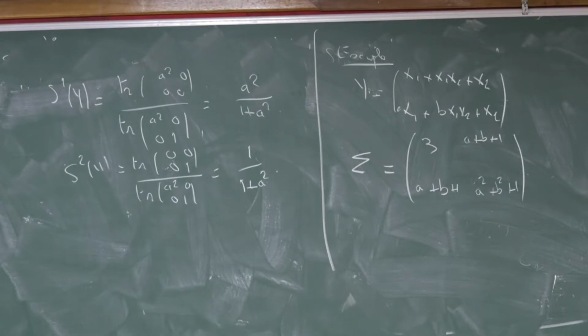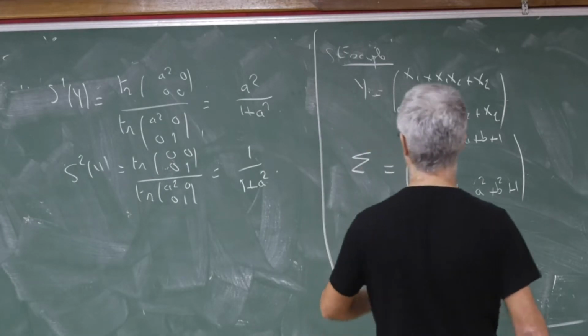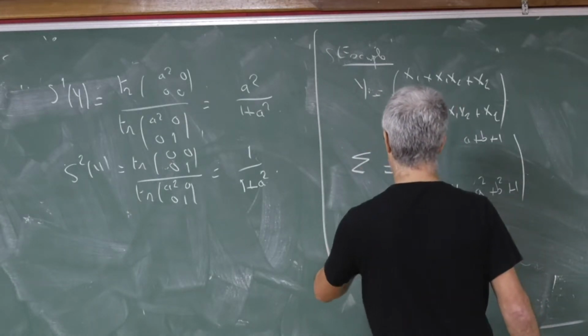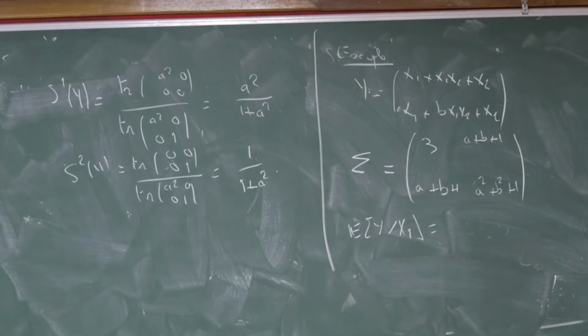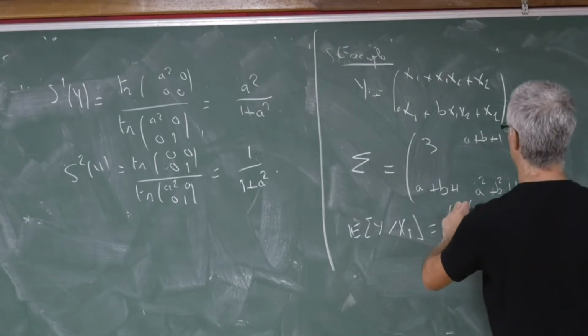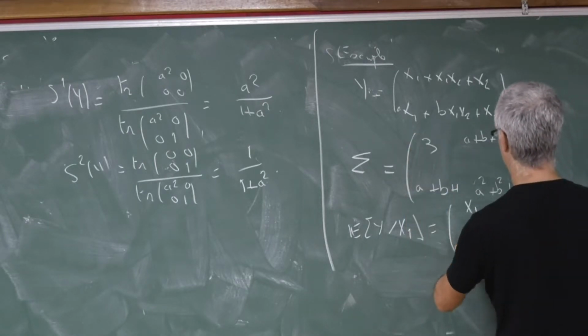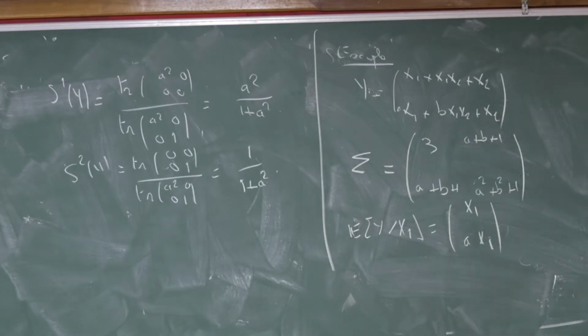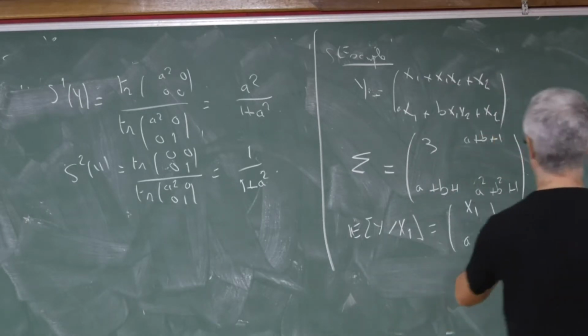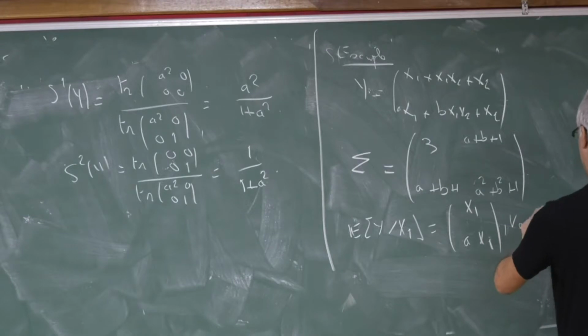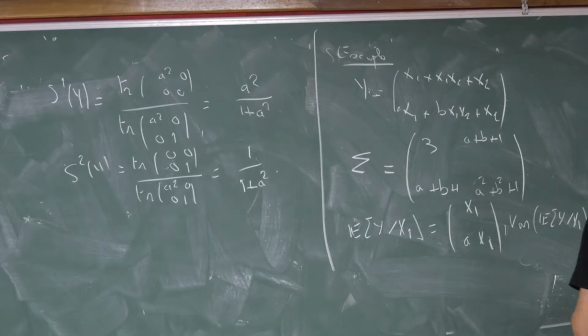Now I have to compute the expected value of y knowing x1. So what do I get? I get x1 here and a x1 here. So the covariance matrix of this one is 1, a squared, and something like a here.